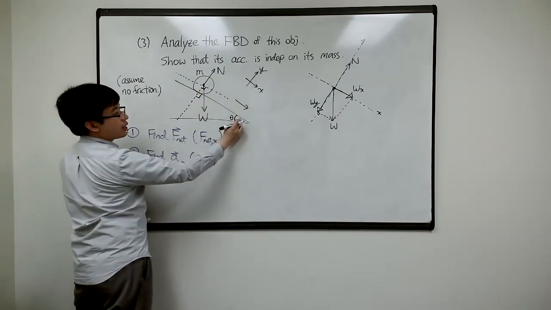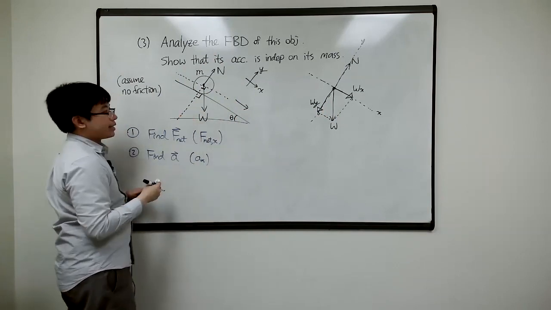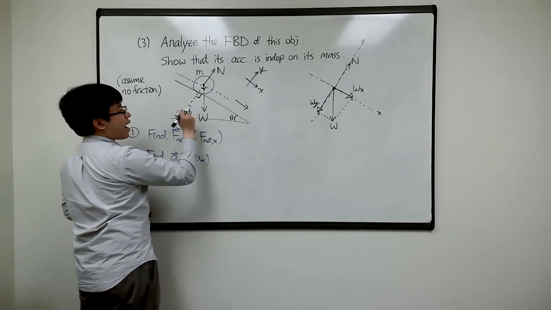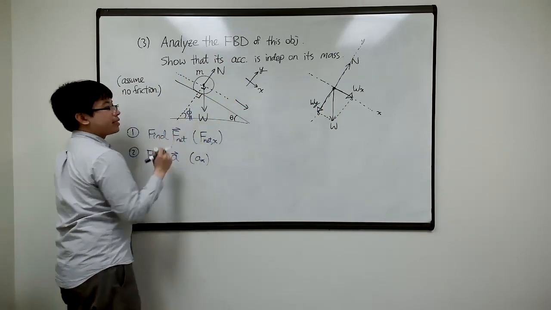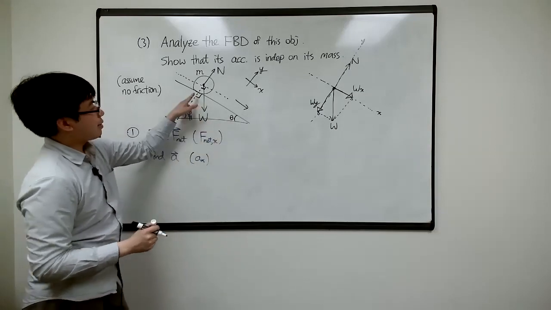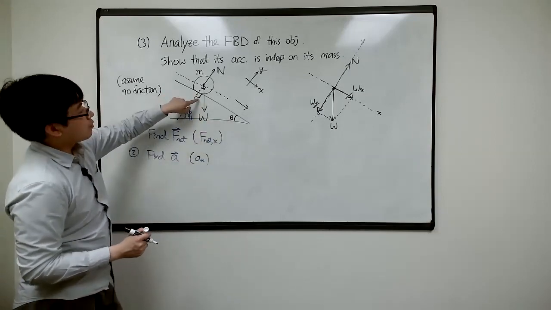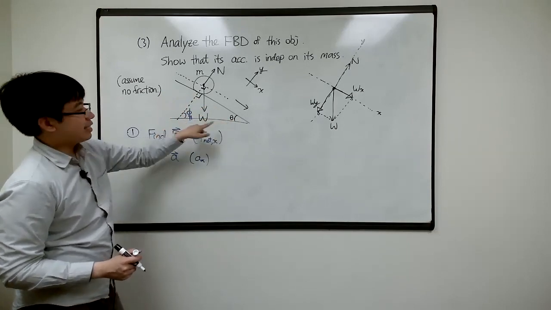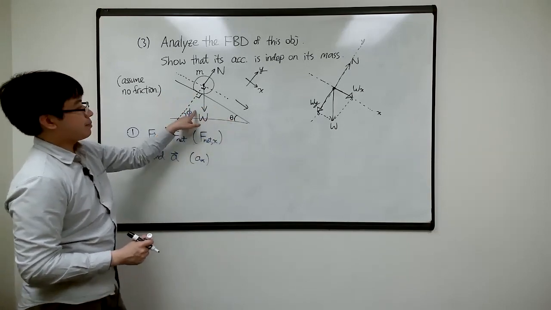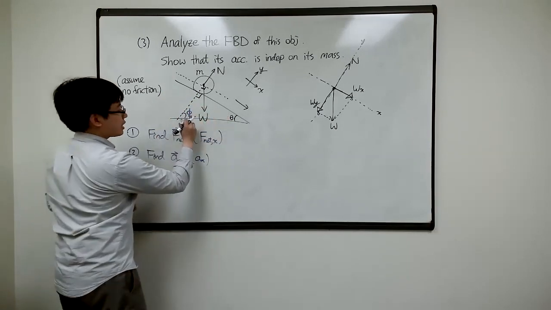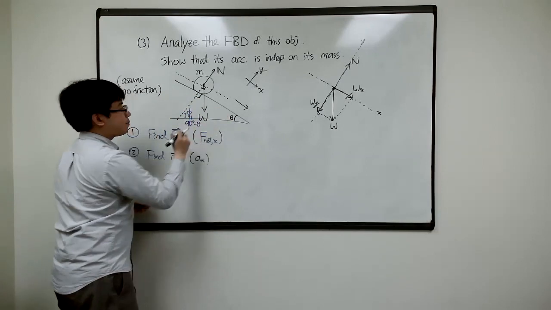So if this is theta, that means this angle here, let's call it phi, would be 90 degrees minus theta, because the whole triangle should add up to 180 degrees. So if that is 90 degrees, these two must add up to 90 degrees. If this is 30, that better be 60. If that's 10, that better be 80. So this is 90 degrees minus theta.